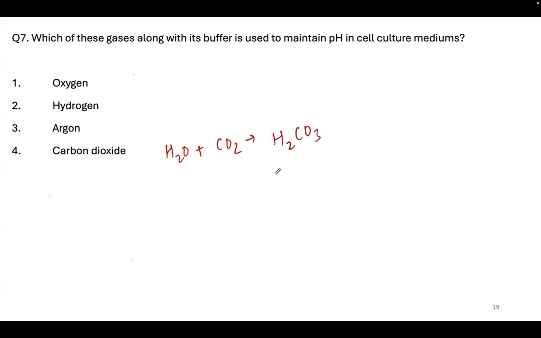That's carbonic acid, which is why this is the right answer. So CO2 is an important part, and we will talk about how CO2 is given to cells. CO2 is explicitly given to cells when they're being cultured.